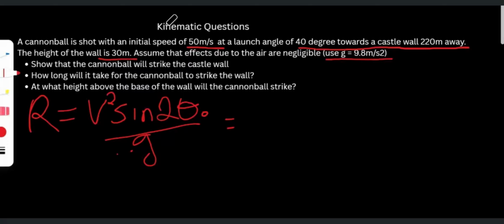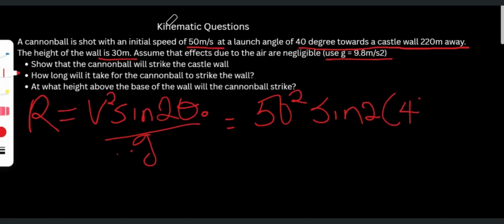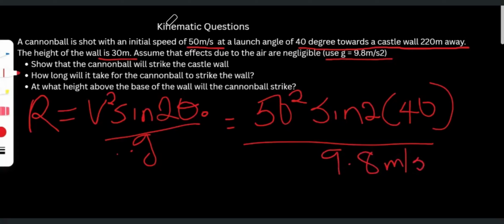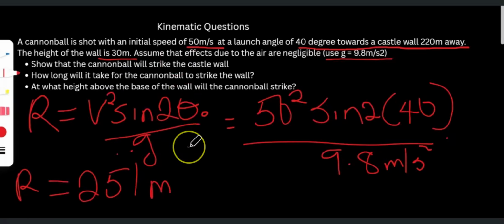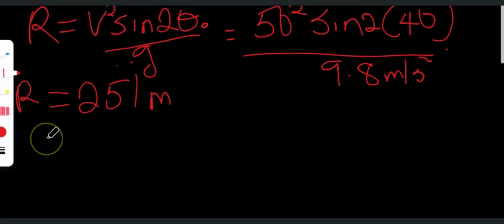That equals 50 squared, 50 sine 2 times 40, all over gravity 9.8 meters per second squared. By the time we calculate this, we'd get the range, that is R, would be 251 meters.